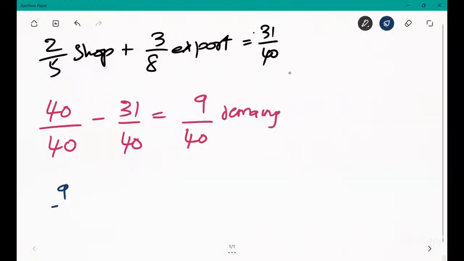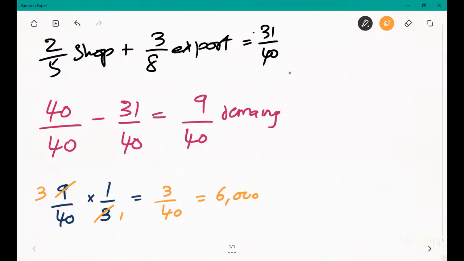So 9 over 40 of 1/3. You multiply this by 1/3, and you can simplify here, divide up and down by 3, and you get 3 over 40. And they're saying 3 over 40 is equal to 6,000 rupees. They're asking us what is the value of the total cost of cosmetics.